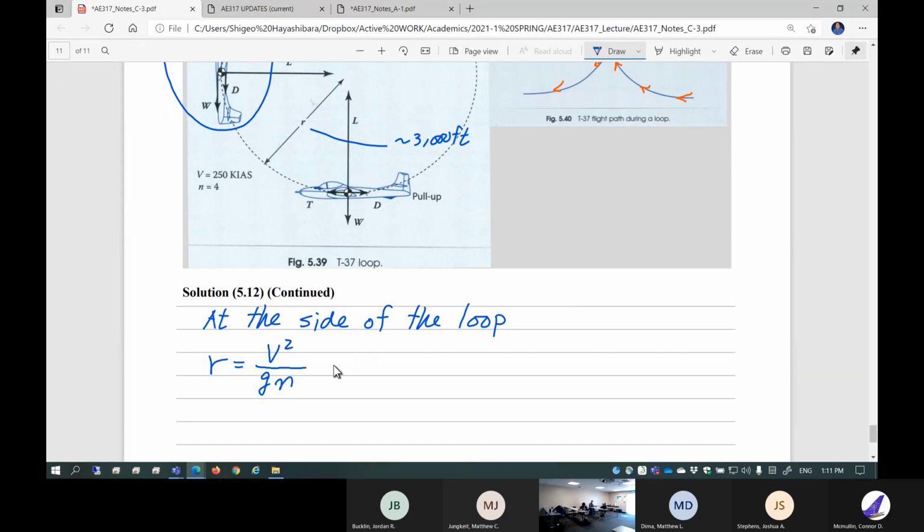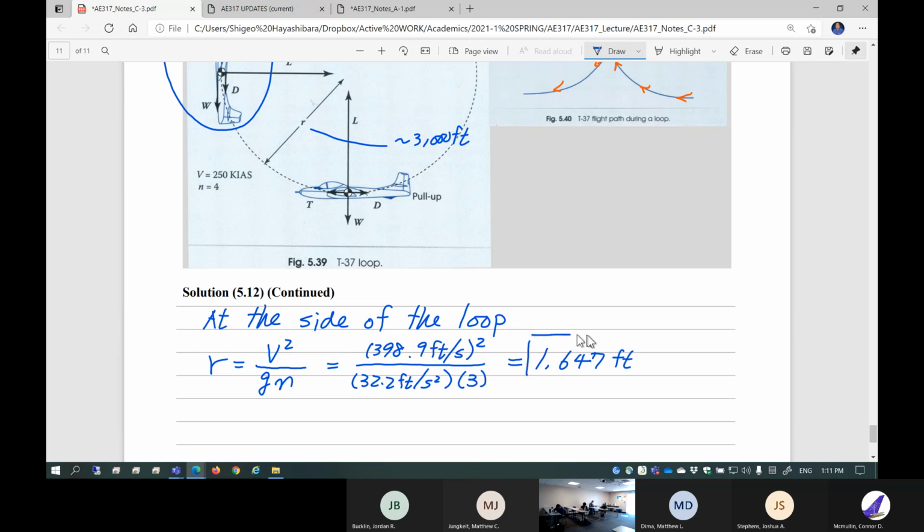So if you plug in, velocity is 398.9 feet per second, squared. Gravity 32.2 feet per second squared. Load factor is 3 now. It's reduced. This is 1,647 feet.